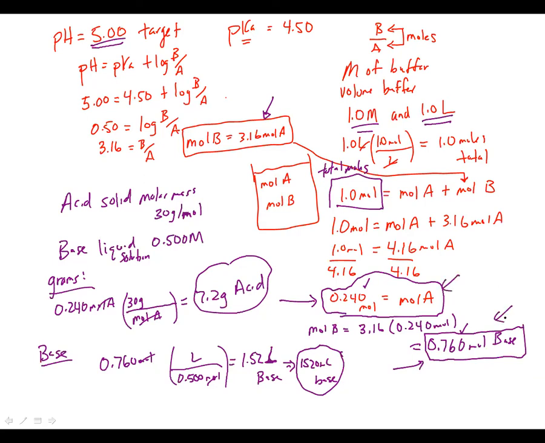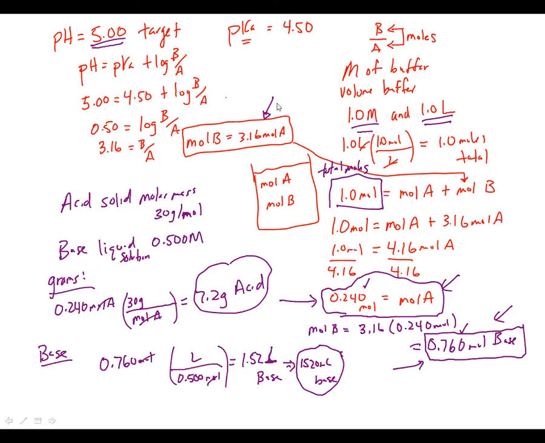Then you can figure out the mass if it's a solid that you need to make it, or the volume of the liquid that you need to measure out if you're going to use a solution to make it. And then you're going to have to write a procedure, if I'm not mistaken, for how you're going to physically make that in the lab.